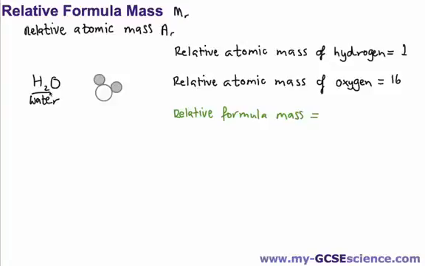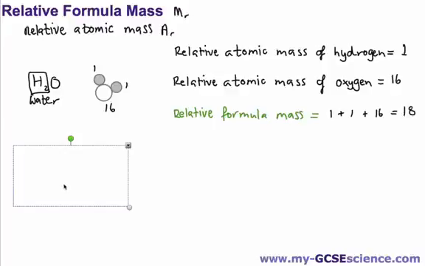The 2 is to do with the hydrogen, so we've got 2 hydrogens, each with a relative atomic mass of 1, and the oxygen has a relative atomic mass of 16. So it's just a simple case of adding them up: 1 plus 1 plus 16 equals 18. There are no units, so we say the relative formula mass for water is 18.